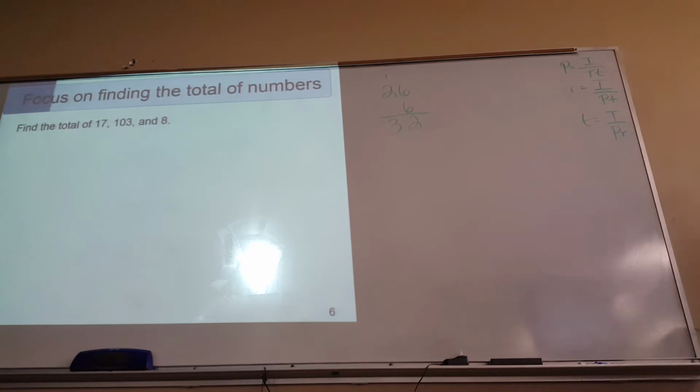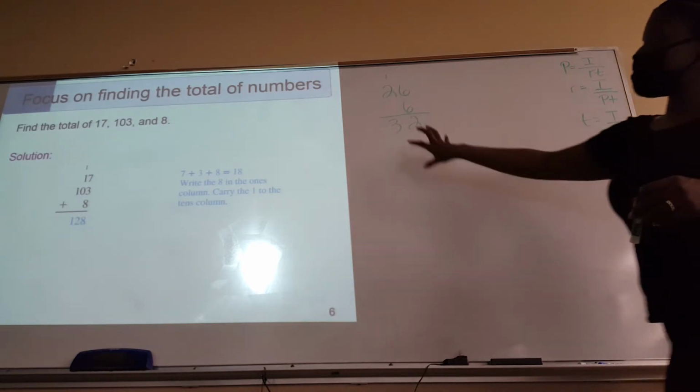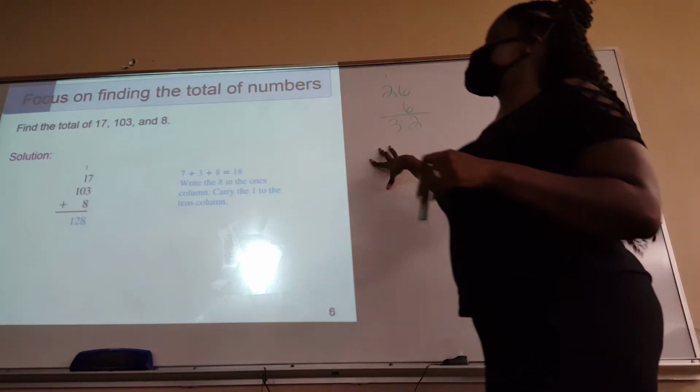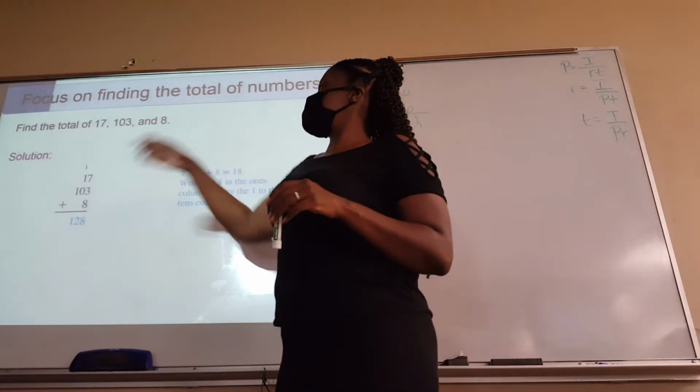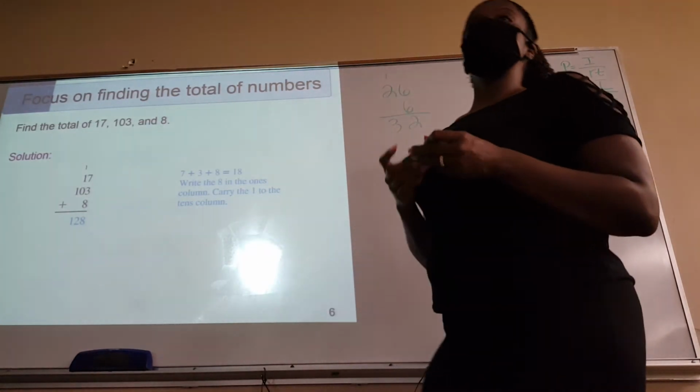Okay. All right, so it says find the total of 17, 103, and 8. In this case, the way that they gave it to us is how we set up our problem here. We put the 17 first, then we put 103, and we put 8.